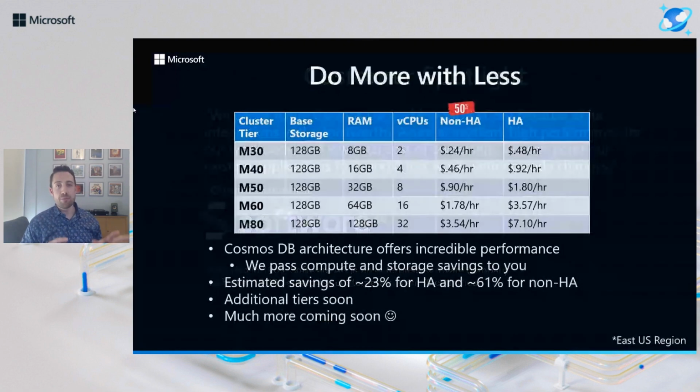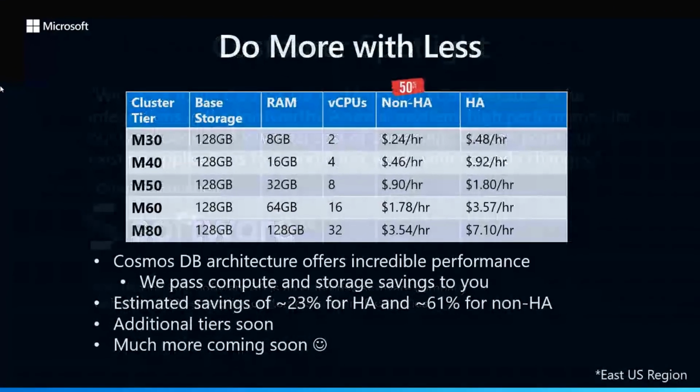Now, diving a bit deeper into the total cost of ownership. Here at Microsoft, we really want you to do more with less, and that comes with giving very, very competitive pricing to ensure you can do that. That includes what you might see over there. We have a non-HA option, meaning high availability option. So you can create clusters without high availability for dev and test, for example, and those are automatically 50% off.